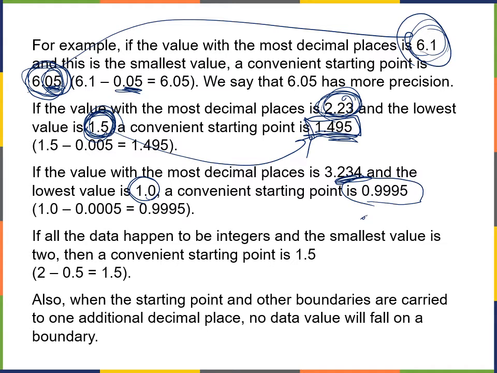We could start at 0.9999, but we wanted to have 4 decimal places because this one has 3. But starting at a 5 as the last one is easier. A 0 or a 5 here would be easier because we're going to continually add up our widths to generate our class boundaries. And so, 5s and 0s are good starting points there.